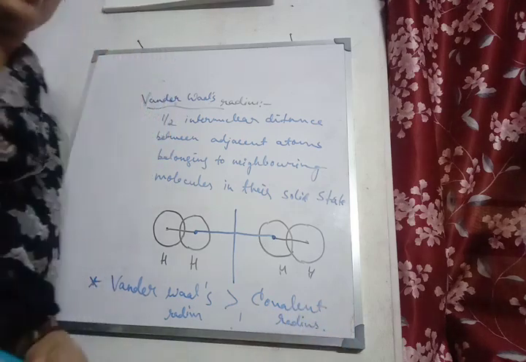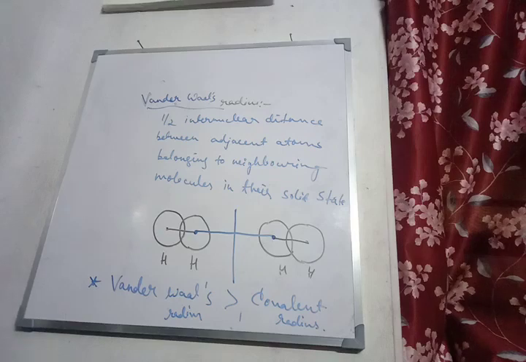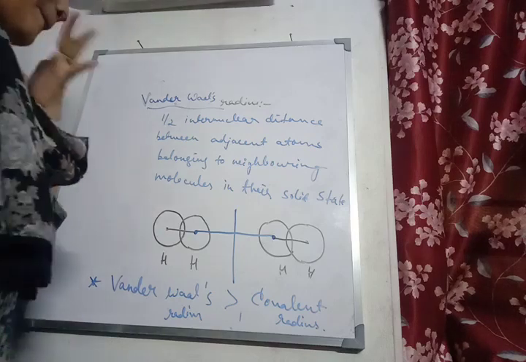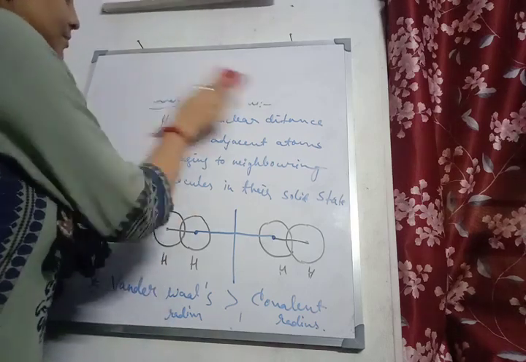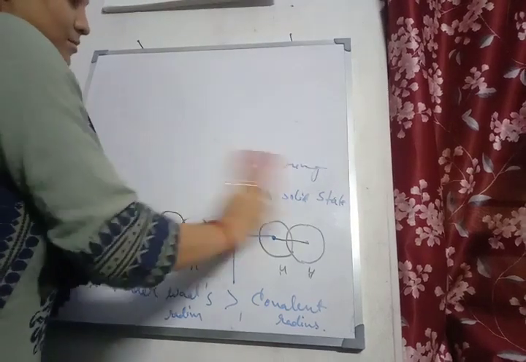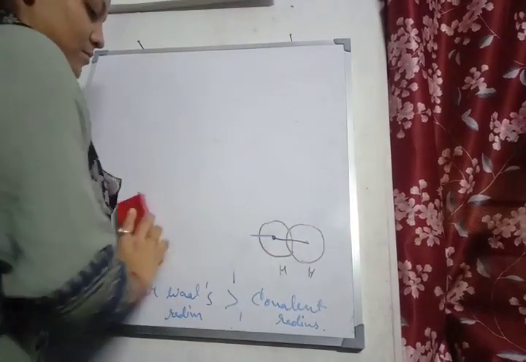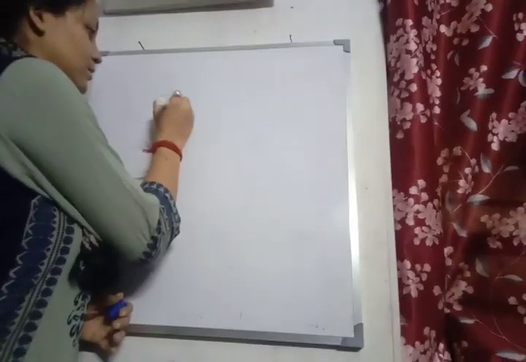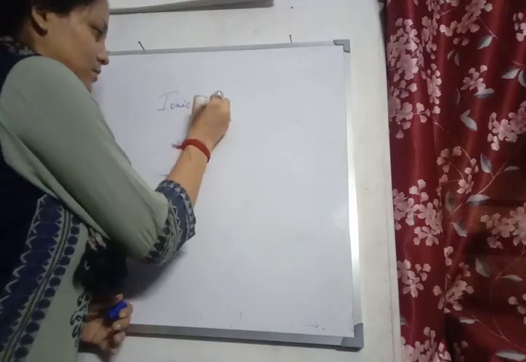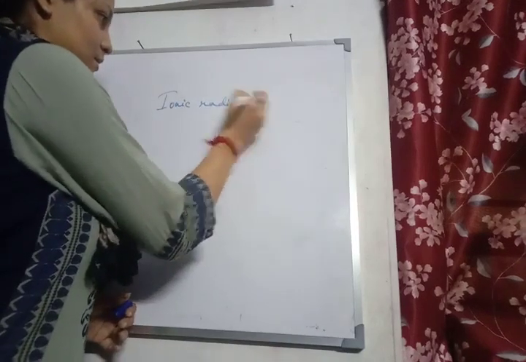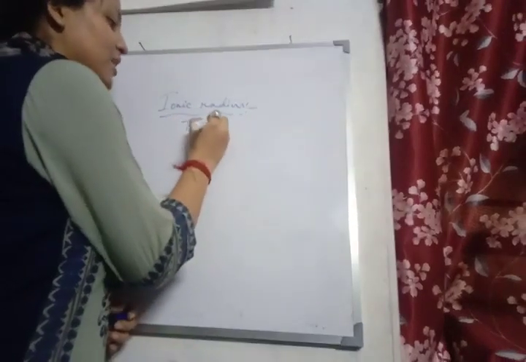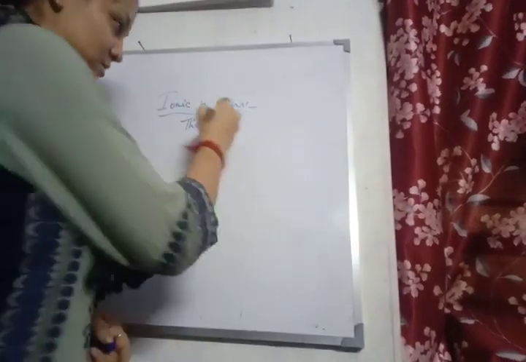Last we come to ionic radius. Ionic radius, it is what? Here we are not using the words half the internuclear distance.